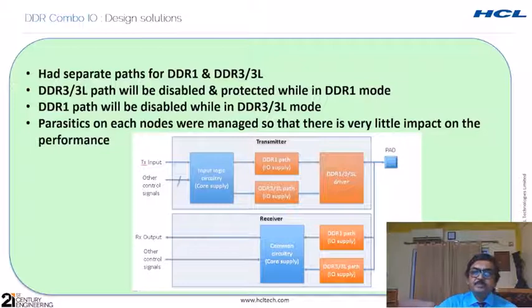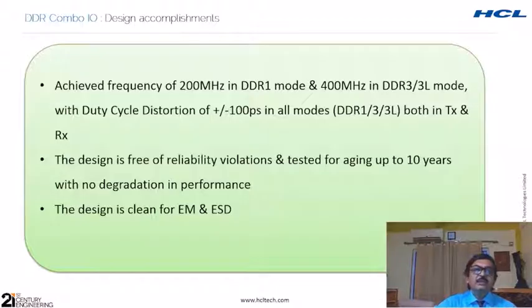The parasitics were difficult to manage, but we had to achieve those. In the end, we met the specs of both DDR1 and DDR3L, with a maximum duty cycle distortion of plus or minus 100 picoseconds in all these modes, both in the transmitter and in the receiver. And of course, all the usual aging simulations and EMI and ESD checks had to be done.